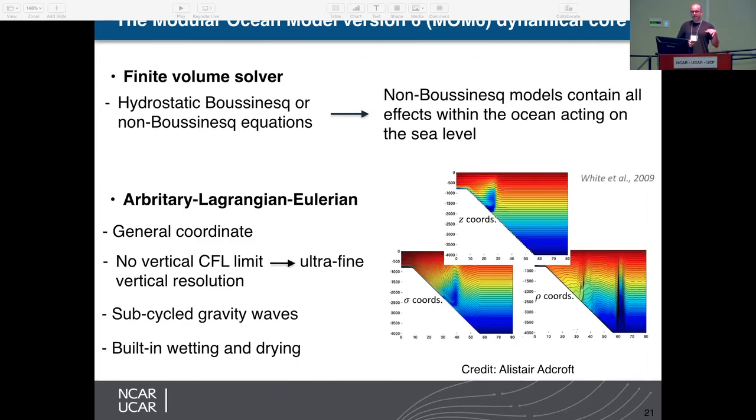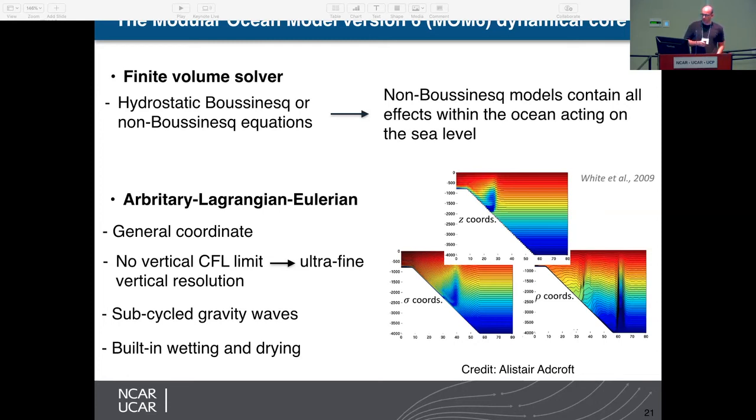The main capability of this model is the option to use the so-called arbitrary Lagrangian Eulerian coordinate system. It's a vertical coordinate system that lets you choose anything you want. It can be Z, it can be sigma, or it can be a combination of both.